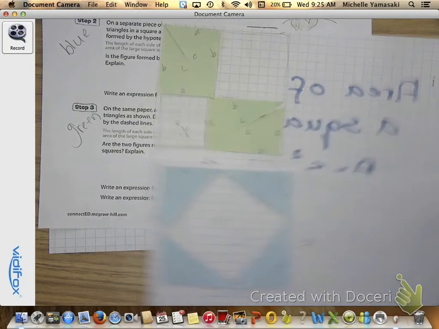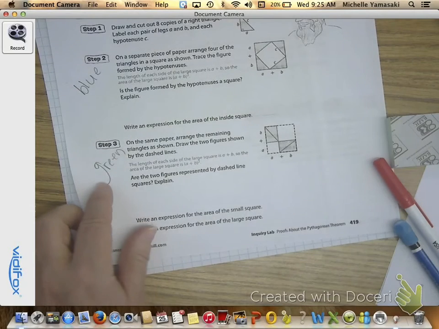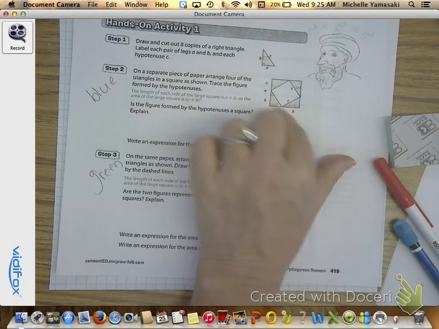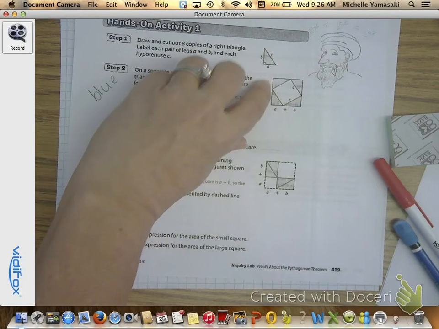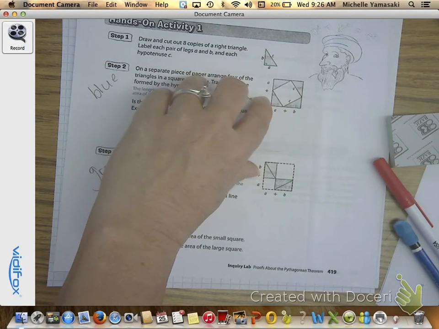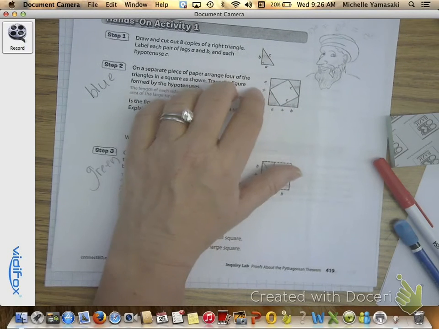Okay, so now you're going to look at this worksheet. If you have the blue Post-it, you are going to design your diagram in this way, where you're going to set up your A plus your B, or you could set up your B plus your A. Remember, A plus B is the same thing as B plus A, however you ended up labeling it.